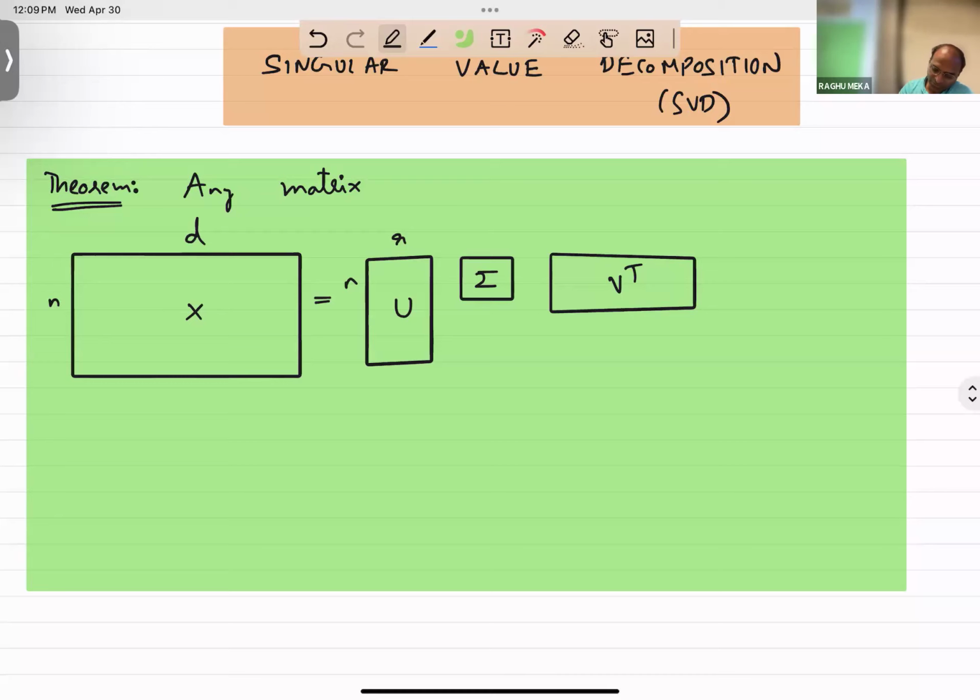So this is R by R, this is R by d. All right. So if you multiply them, you can see that you'll get an n by d matrix, which matches the dimensions that you want at least.